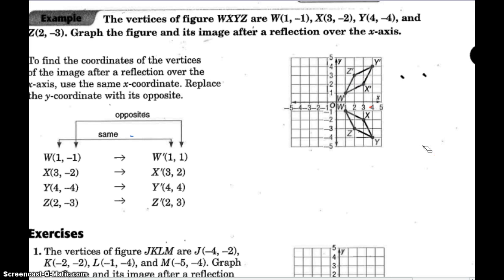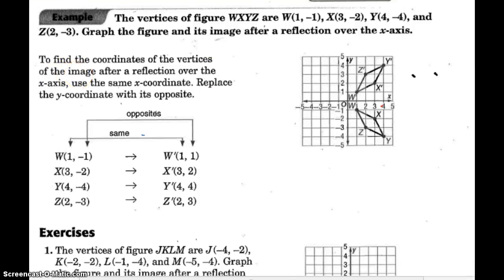Now, reflections are easier. Listen to this. Two things you have to watch for when you read these problems. Was it a reflection or a translation? And if it's a reflection, here's why it's so easy. Look for, was it reflected over the x-axis or the y-axis? Because look, if it's the x-axis, the x coordinates stay the same. That's easy. There's no math involved.